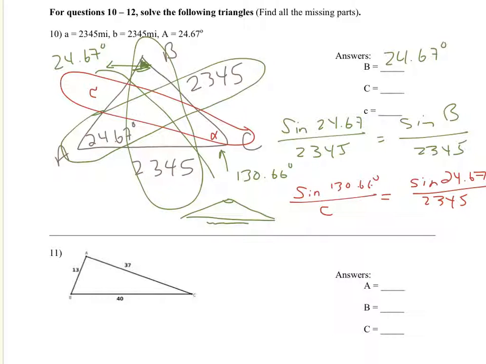And this once again is solved by, of course, good old cross multiplication. And the sine of 24.67 here that is attached to the c, let me write down my multiplication from the other side, sine of 130.66.